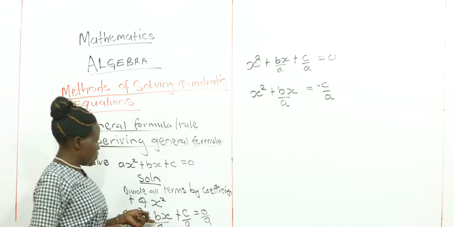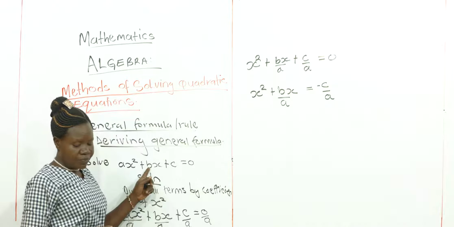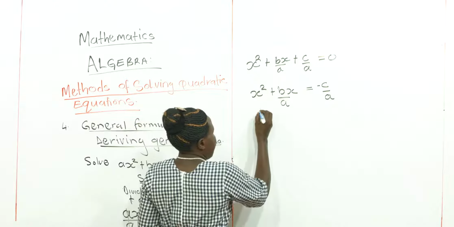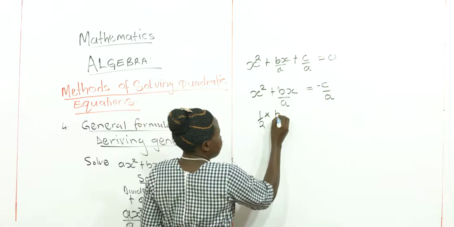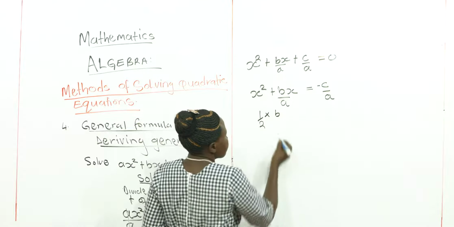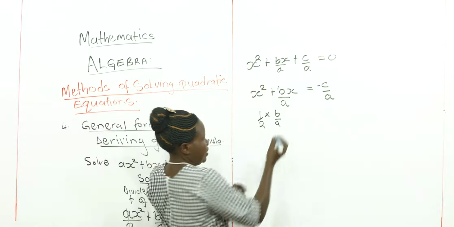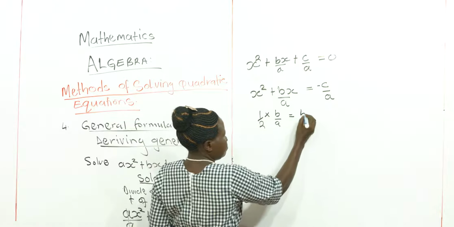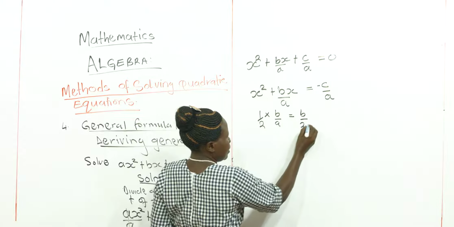A half of b out of a will be 1 times b, we get b, and 2 times a, we get 2a.